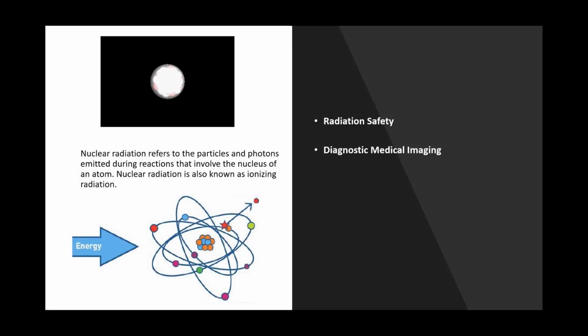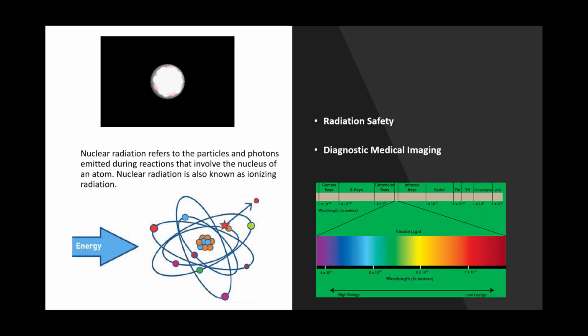Nuclear radiation refers to the particles and photons emitted during the reactions that involve the nucleus of an atom. Nuclear radiation is also known as ionizing radiation. In diagnostic medical imaging, we use both ionizing and non-ionizing radiation to create images.